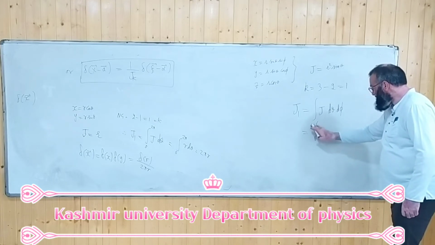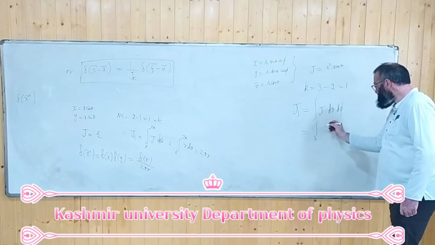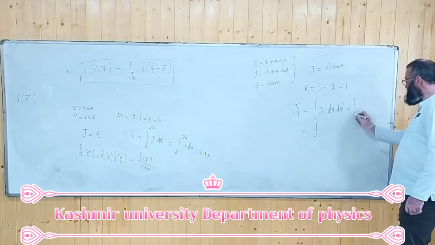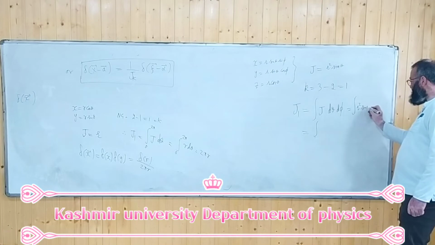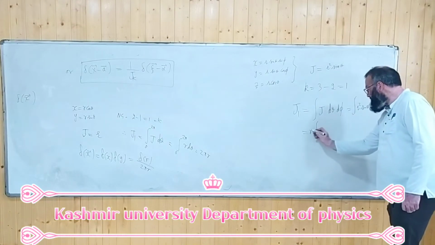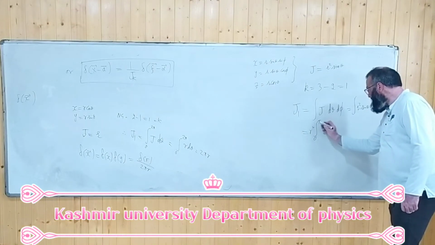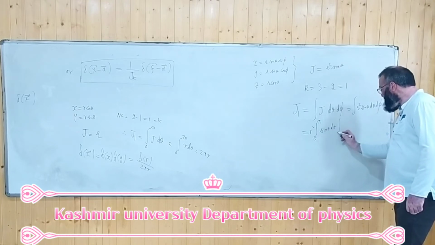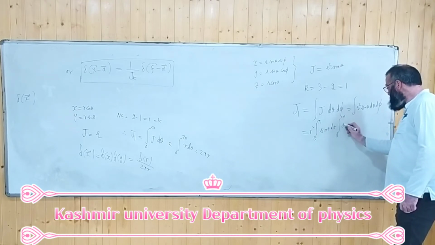Let me write it here. It's equal to r square sine theta d theta d phi. Because the integration is only over theta and phi, you take r square out. Theta goes from 0 to pi, with sine theta d theta, and phi goes from 0 to 2 pi, so d phi.